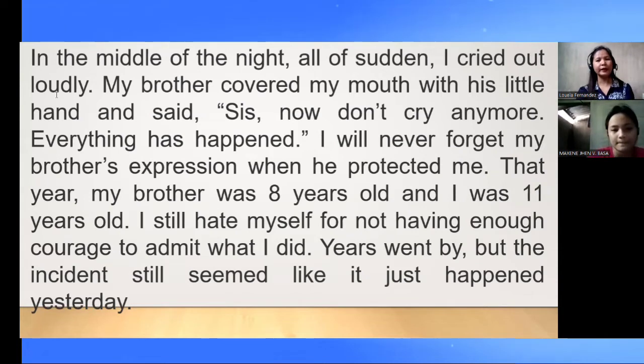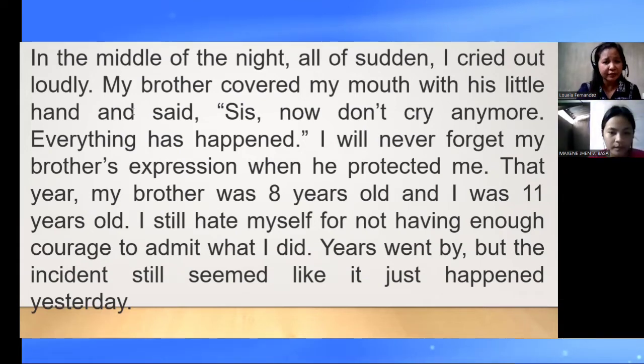Yes. So here, after the younger brother admitted that he is the one who stole the 50 cents from brother's drawer, even if it's not, his sister cried out loud. Why? Because she felt upset.